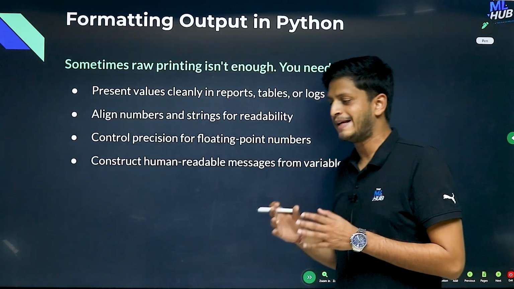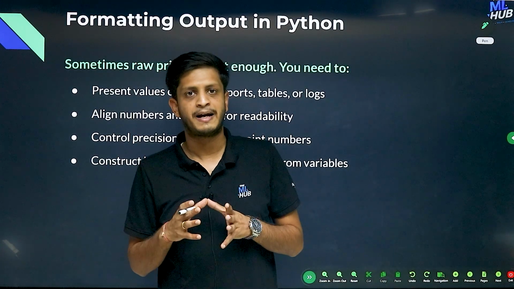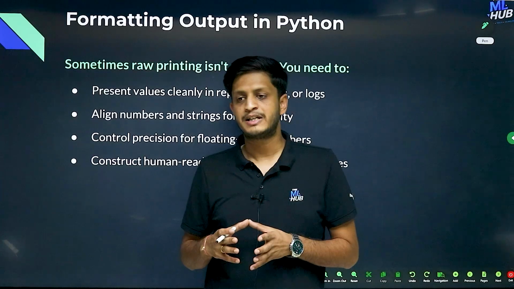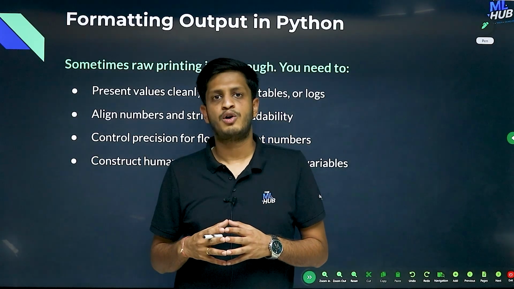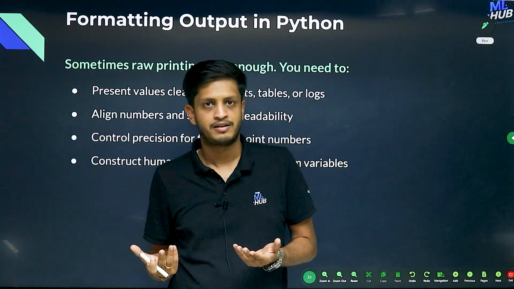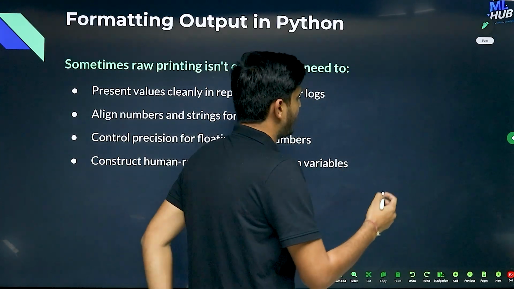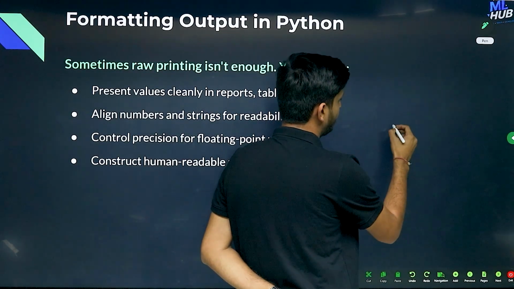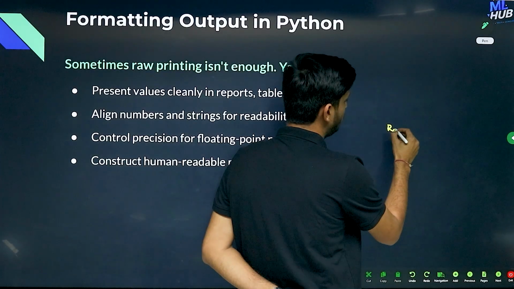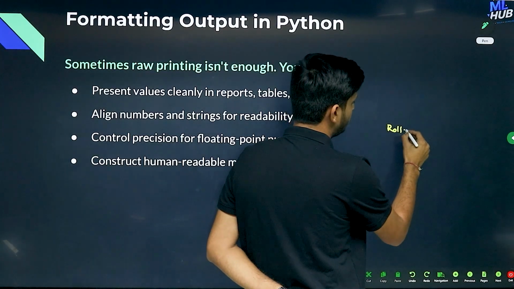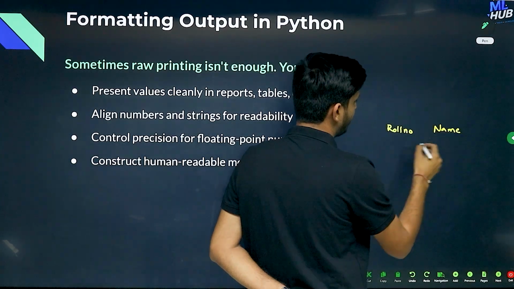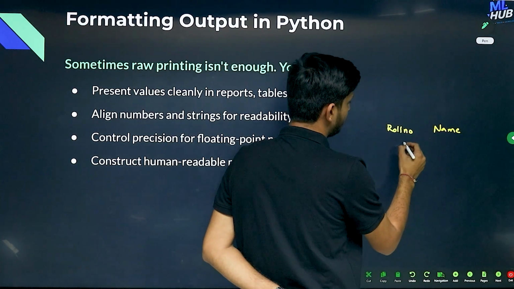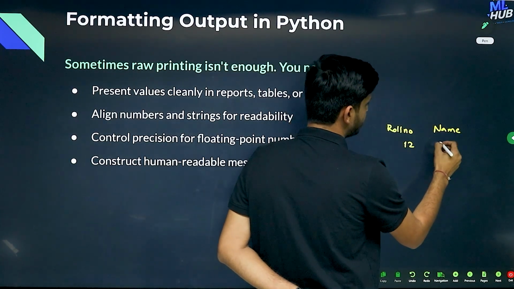Okay, this is all about basic output in Python, but there is something called formatted output in Python. So what if I want to beautify my output in some way? For example, let us say I want to print the output in a tabular format in a beautiful way like this. Roll number, then name, then some roll numbers, let's say 12, then the name, let's say, ABC.